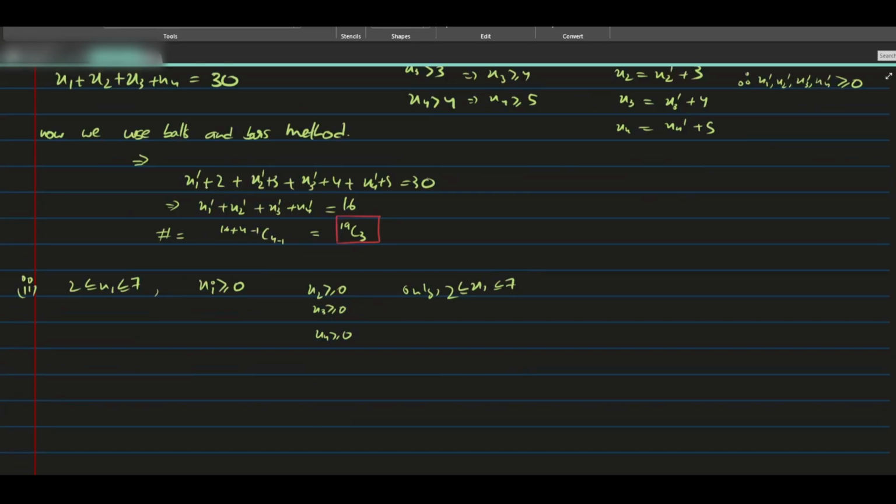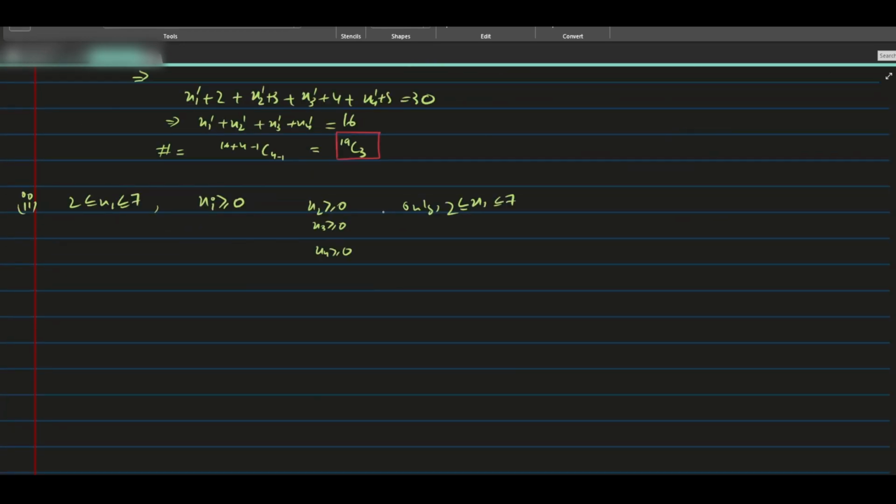So one thing we can do is use inclusion and exclusion. We define x1 as x1 prime plus 2, like in the first question, and then x1 prime is greater than or equal to 0. We simplify the equation: x1 prime plus x2 plus x3 plus x4 equal to 28.